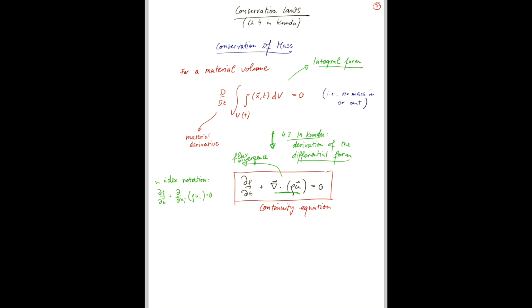Now we can rewrite this slightly differently. If you recall the definition of the material derivative, D by Dt is just d dt plus u dot grad. So if we have the material derivative of density, D rho Dt is d rho dt plus u dotted with grad rho.